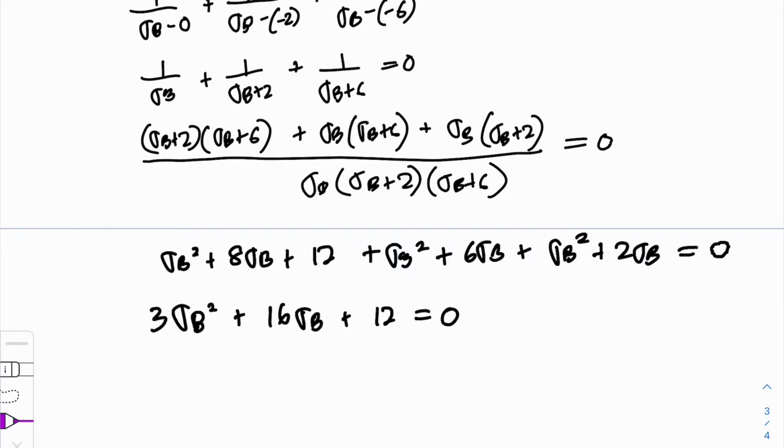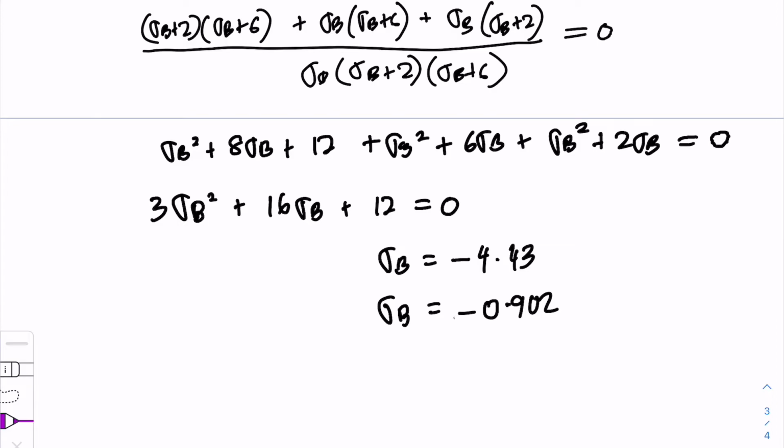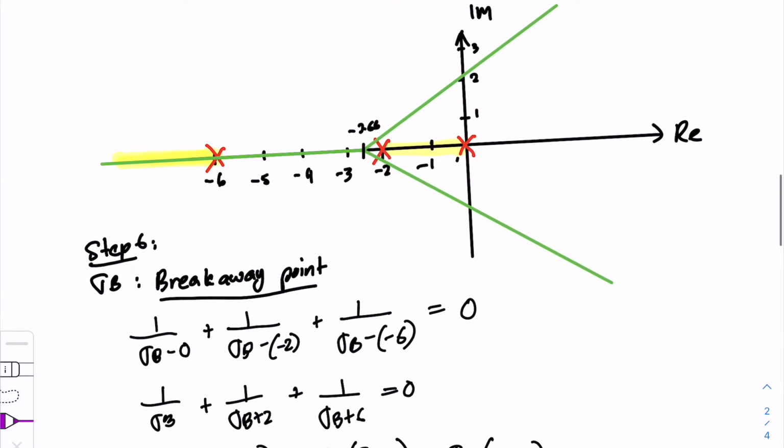Then I need to solve for sigma b. This is a quadratic equation, so you can use your calculator to solve it. Then you're going to have two values of sigma b. Using your calculator, you find that sigma b is minus 4.43, which is not right, because the poles are in between minus 2 and 0.